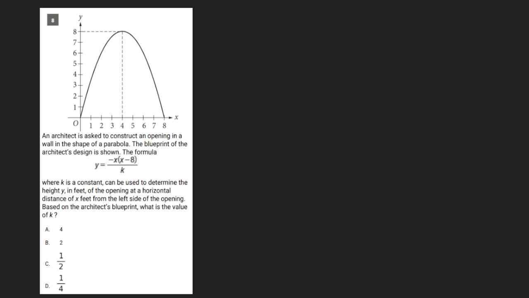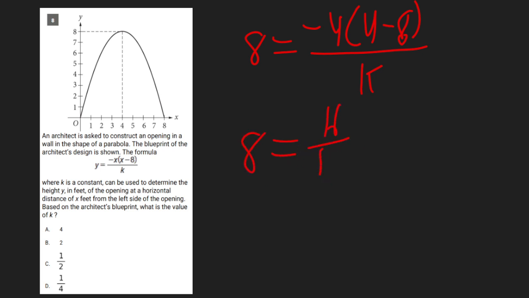So we see here that we can just plug in a value, right? When we plug in, let's say 4, for example, we get 8. So that means that A equals negative 4 times 4 minus 8 over K. And obviously this means that A equals 16 over K, so K equals 2. So the answer has to be 2.